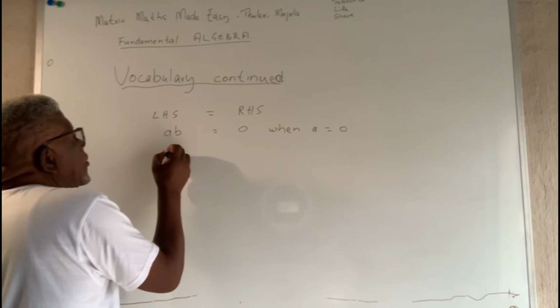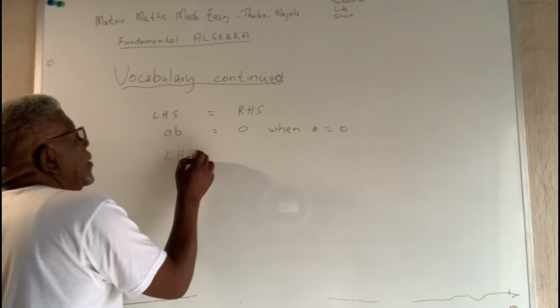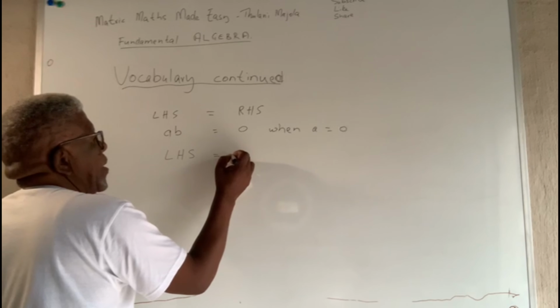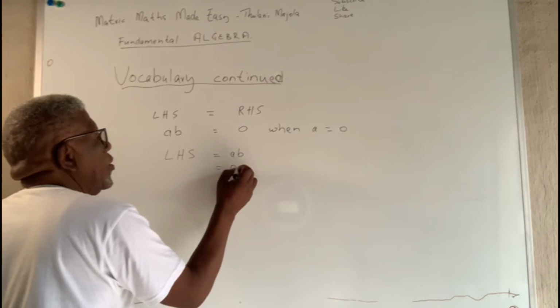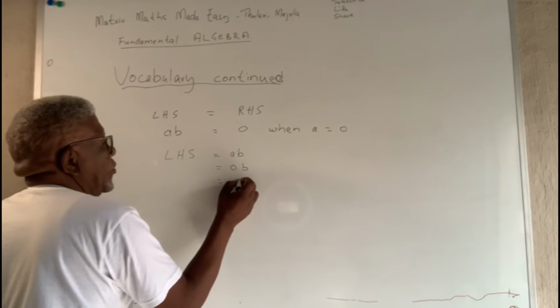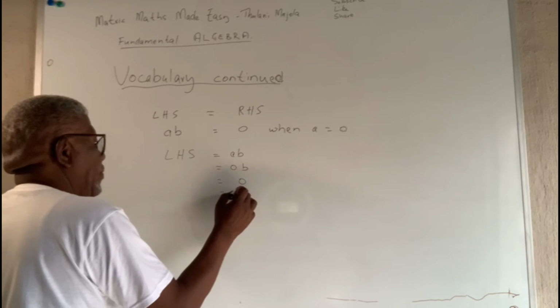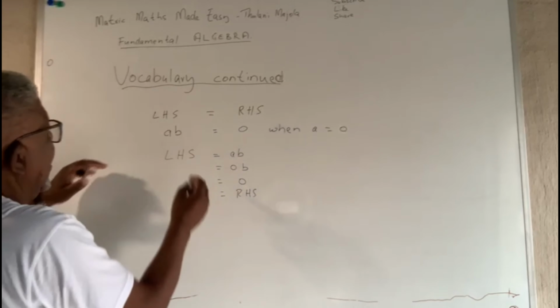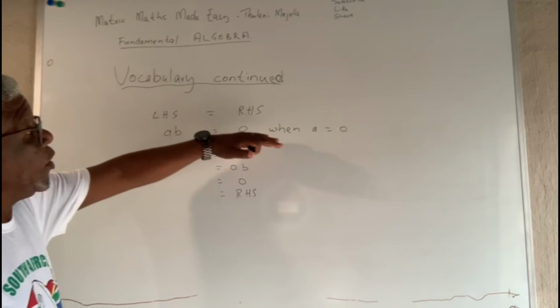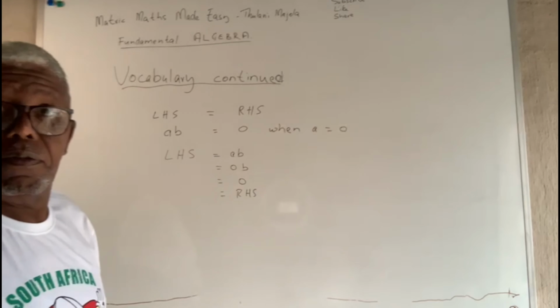How does it work? The left-hand side equals AB, but A is 0, so it equals 0 times B. So it's equal to 0, which means that it is equal to the right-hand side. So this equation, A times B, is 0 when A is 0.